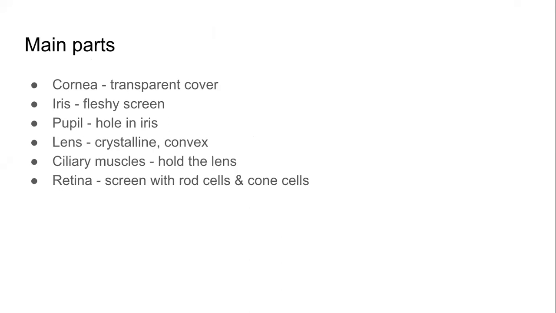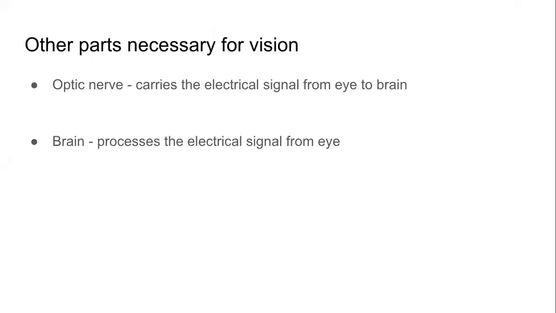It passes through the lens. Because it is a lens, it will converge the light and form an image on the retina. That image is transmitted to the brain in the form of an electrical signal through the optic nerve, and the brain processes the electrical signal from the eye. And we get to know whether I saw Tushar or Bhavesh. This is how it works.